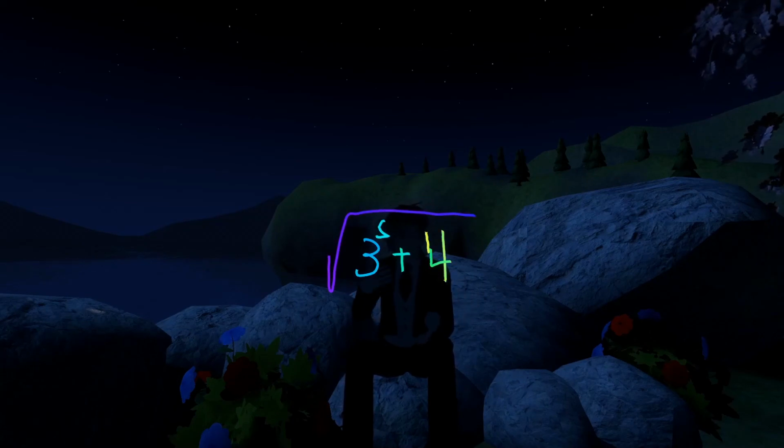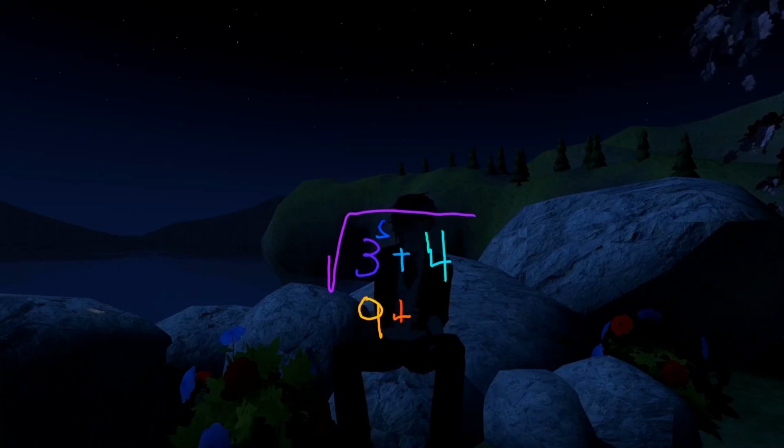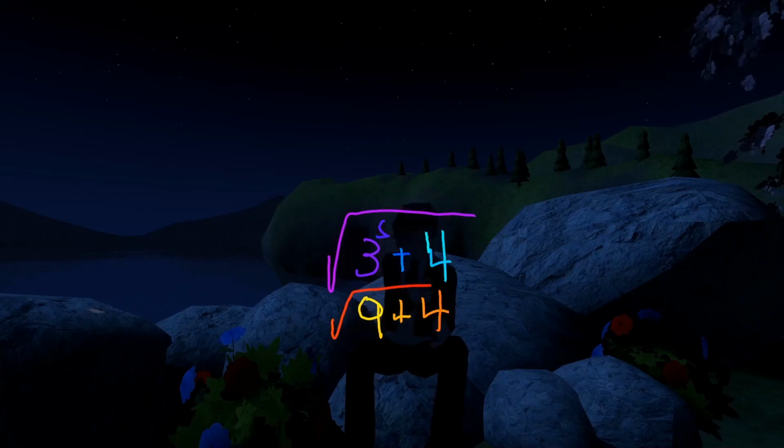So 3 squared is 9 plus 4. So this here, 9 plus 4, is 13.